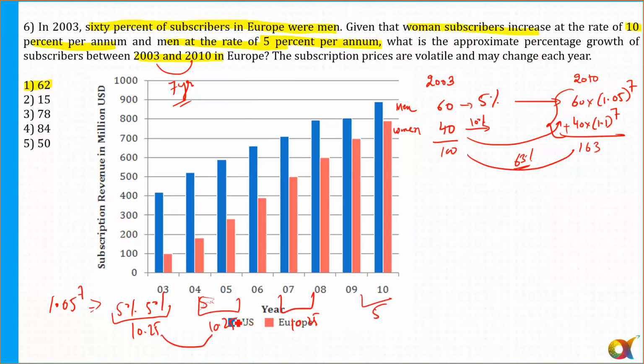So I can say 20.5 plus 1, that is equal to 21. So the combined effect of this is 21. Then you can find the combined effect of these two: 10 plus 5 is 15, 10 into 5 is 50, 50 by 100 is 0.5, so 15.25 plus 0.5 is 15.75, so approximately 16.